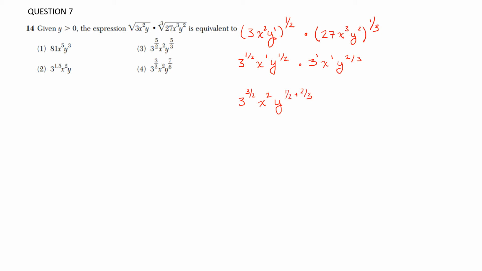We can try to simplify that out. We know that the common multiple is 6, right? So 1/2 is 3/6, and 2/3 is 4/6, which becomes 7/6. So which answer is 3 to the 3/2 x squared y to the 7/6? It looks like this should be answer choice 4.